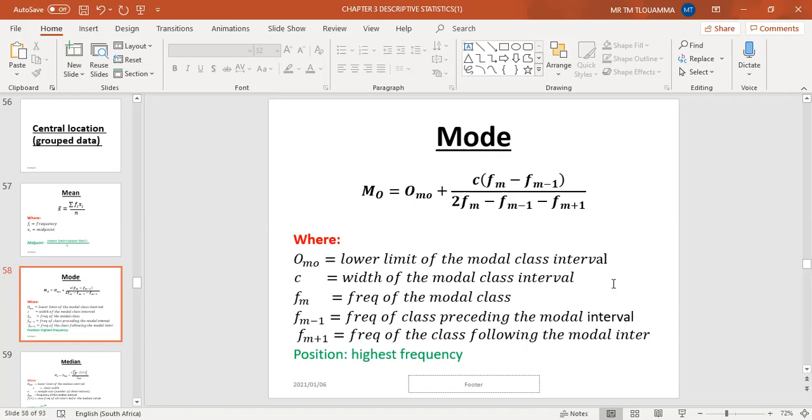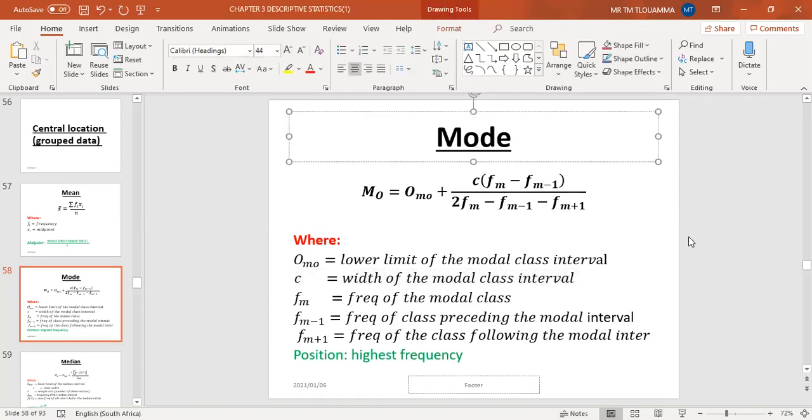before 10, there's nothing which comes before 10 because 10 is the first frequency. So there's no way we can have a preceding frequency that we cannot see. Meaning here in Fm minus 1, we're just going to write 0 because we don't have anything.